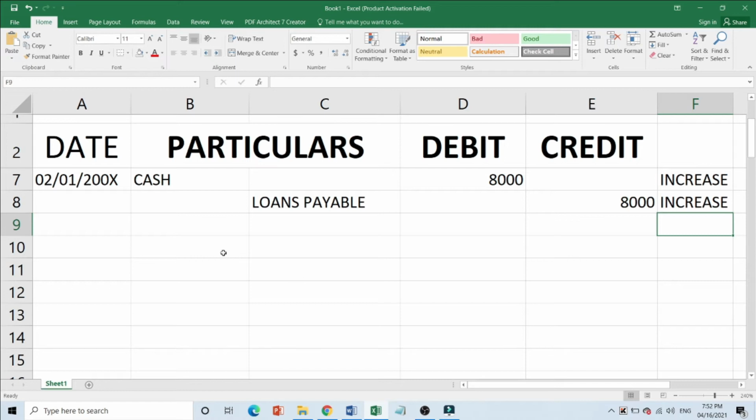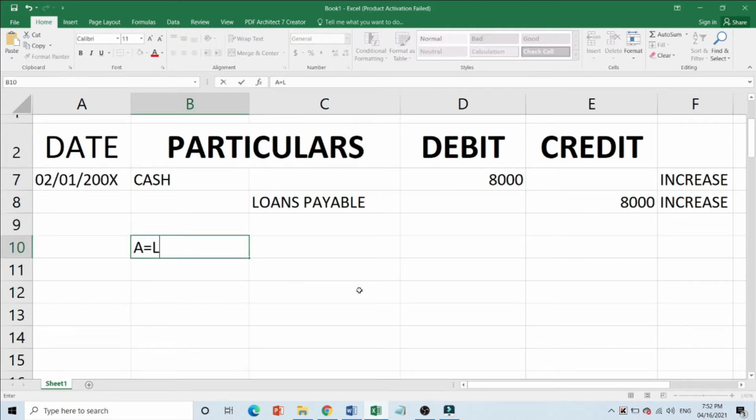It will increase. Now, let's take a look at the accounting equation, which is asset equals liabilities plus equity. Asset nag-increase by how much? 8,000 pesos. Liabilities, here, loans payable, nag-increase by 8,000 pesos.